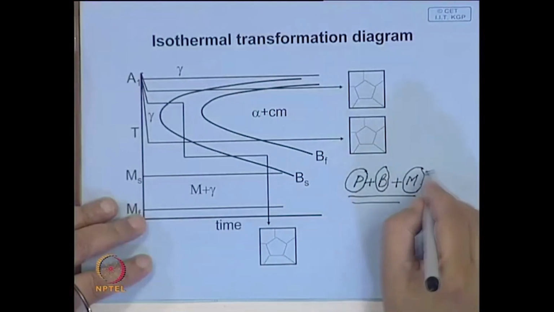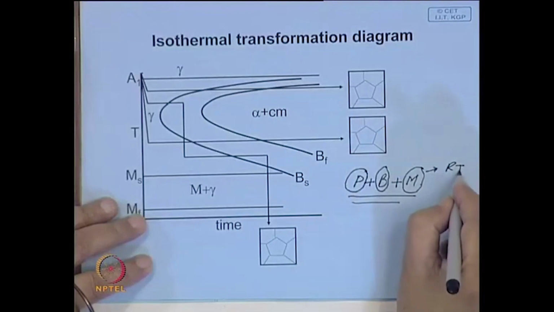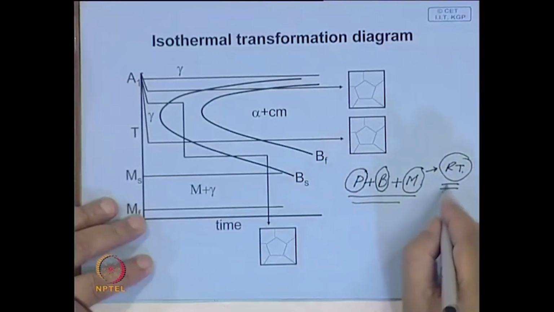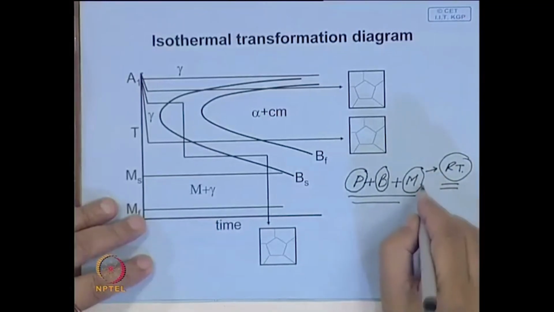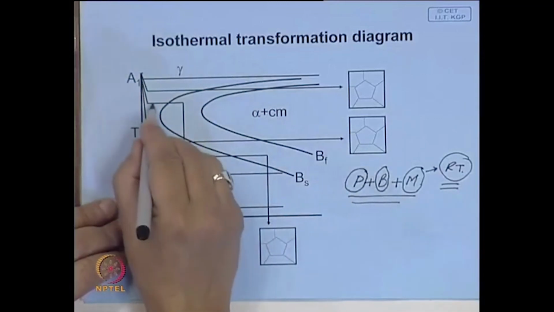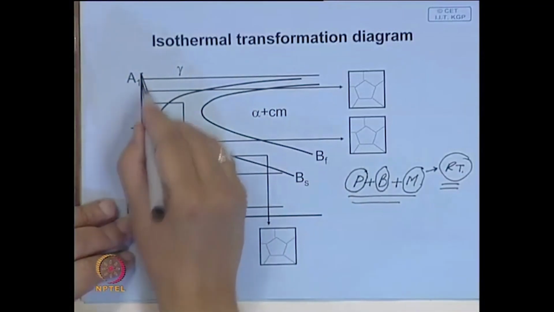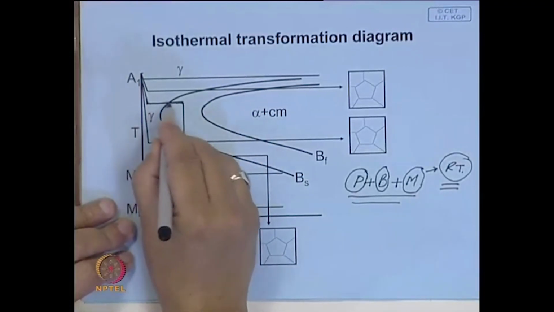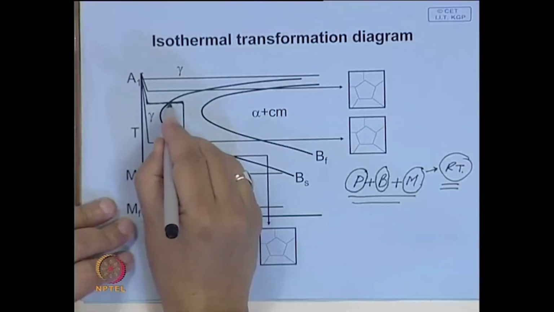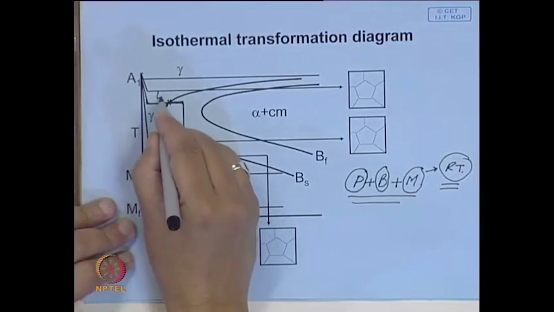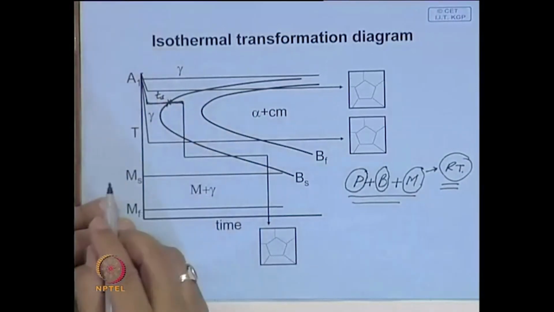Maybe this bath will be at room temperature, some water bath, where you just quench in water, whereas in this case you have one bath maintained at this temperature. If you follow this path, let it remain over here, and the holding time should be greater than the time at which pearlite transformation starts.